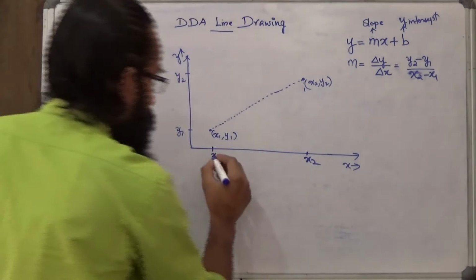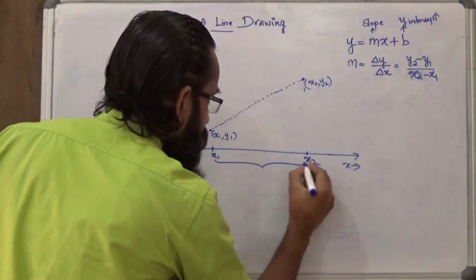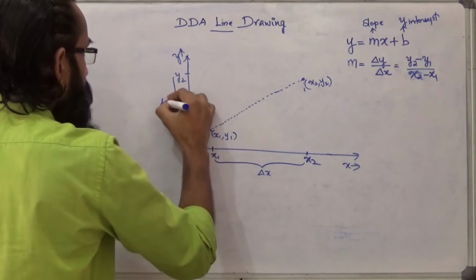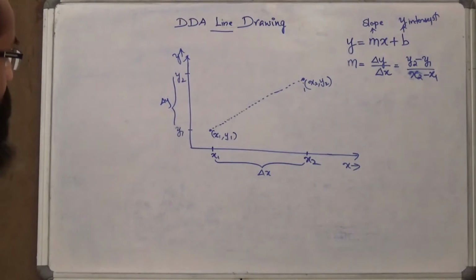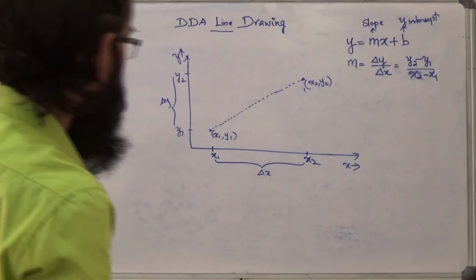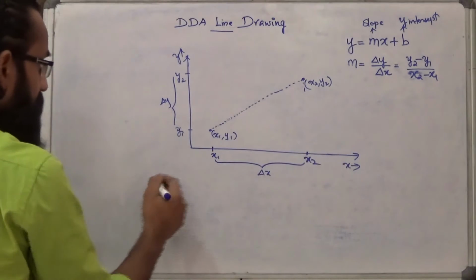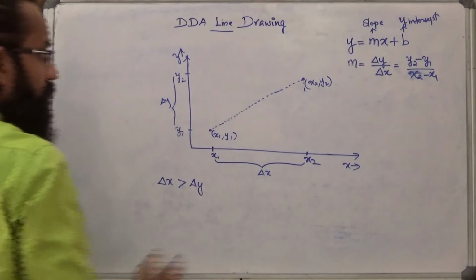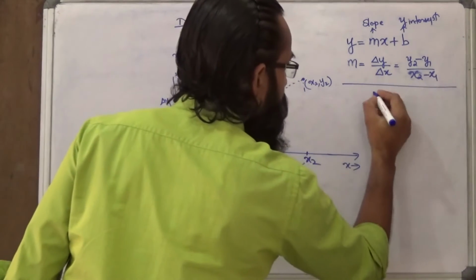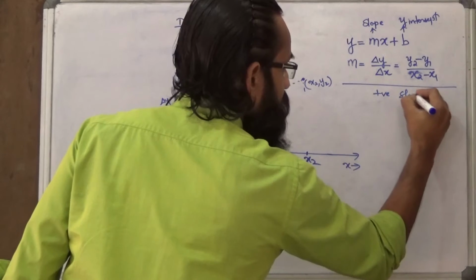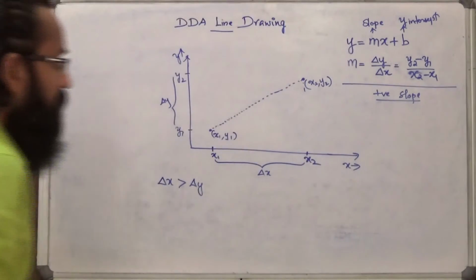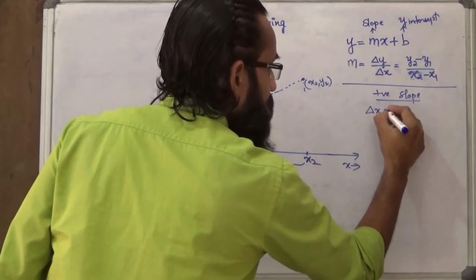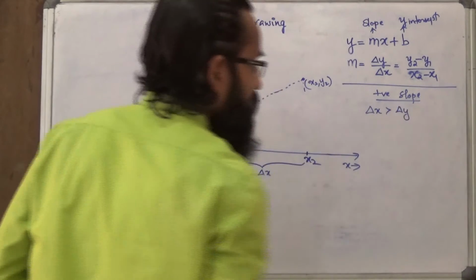If we consider the x difference, delta x, and delta y, it is somewhat clear that delta x is greater than delta y. So we are first considering a line with positive slope, and delta x is greater than delta y.